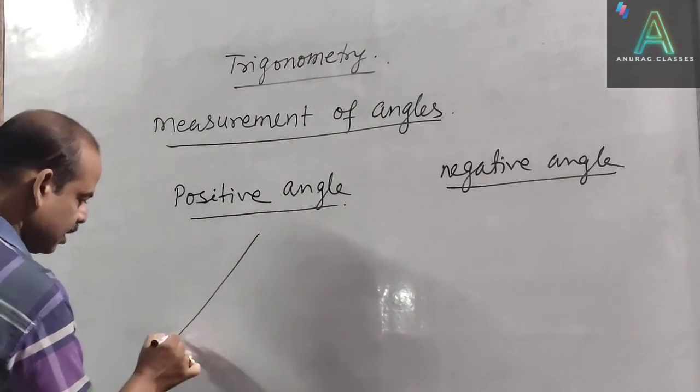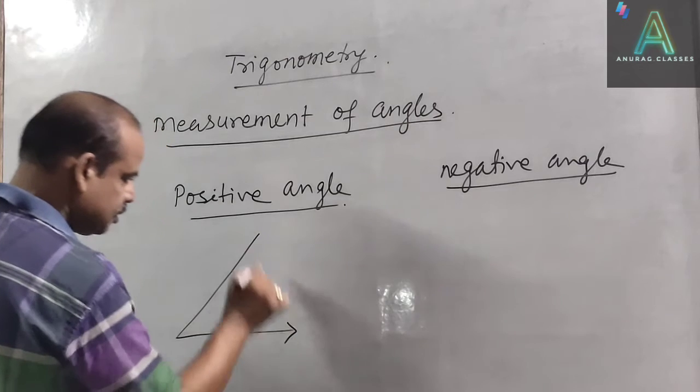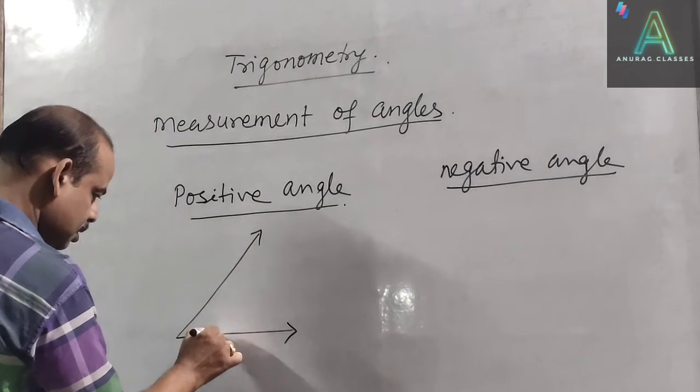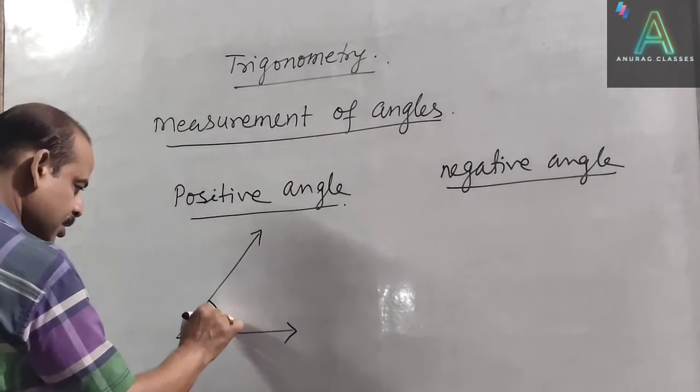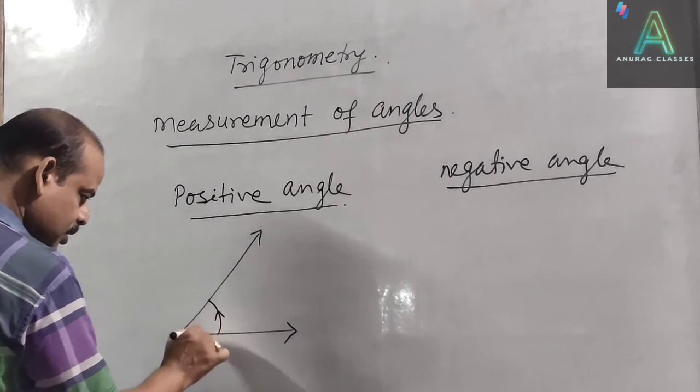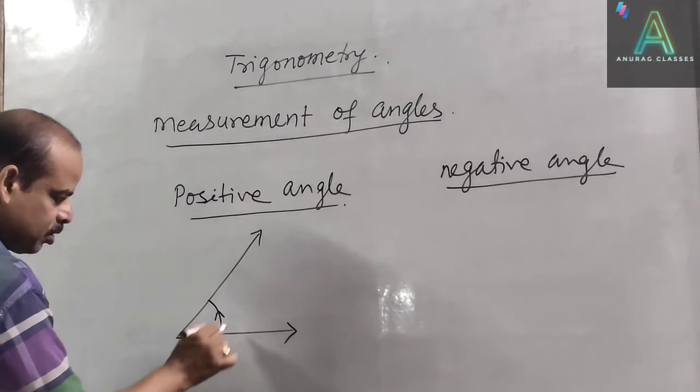So in positive angle, the revolving ray moves anti-clockwise. This is the anti-clockwise orientation.